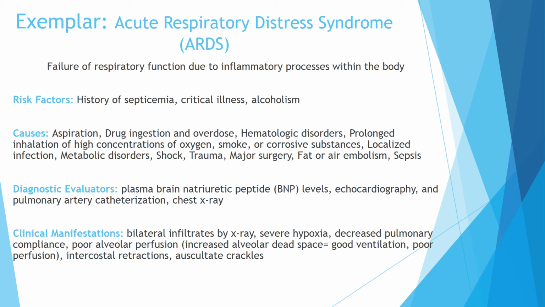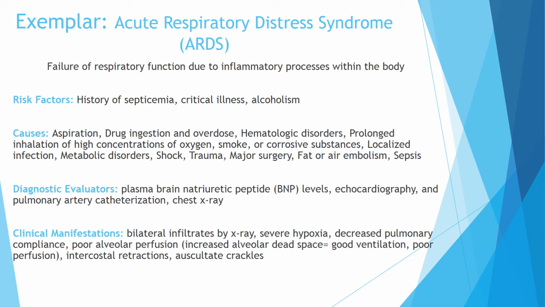They'll also have severe hypoxia, right? So remember back in the beginning, respiratory failure. What is the criteria for respiratory failure? Well, severe hypoxia. The PaO2 less than 50. That's really severe, right? We want our PaO2 to be 80 to 100.